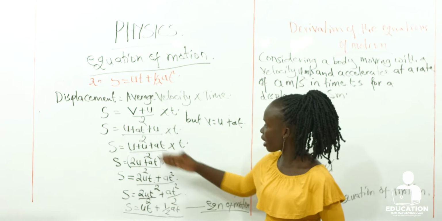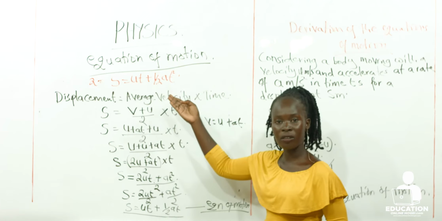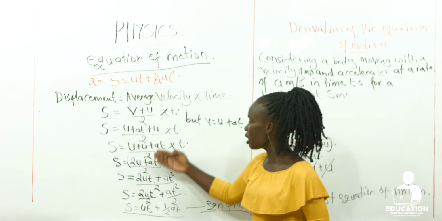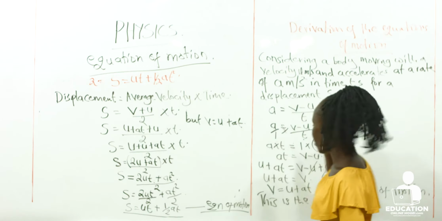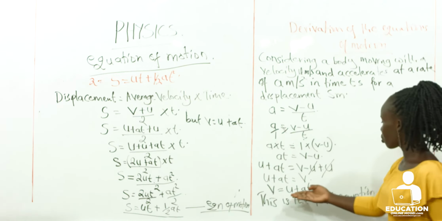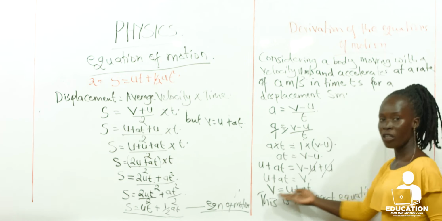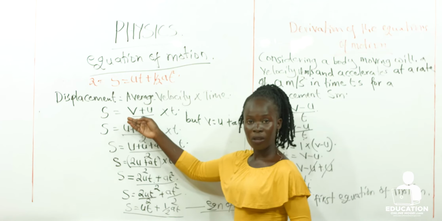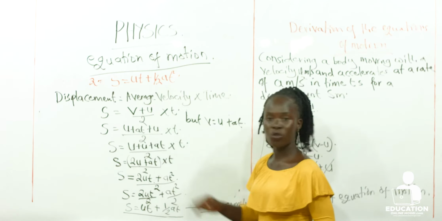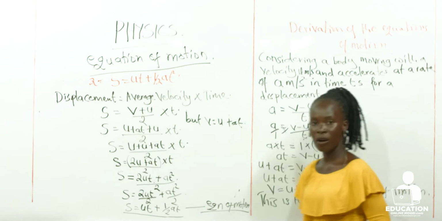Because for this case here, we see that our second equation of motion doesn't have the final velocity. So we eliminated it by substituting its value we got in the first equation. So in the first equation, this is the formula, the value we got for v. We just picked it and substituted it right here. When you substitute it there and do the math, you'll come up with the second equation of motion.